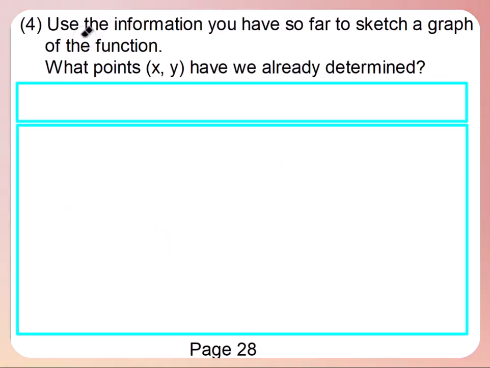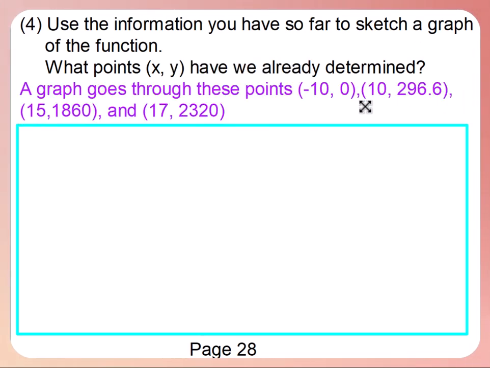All right, part number 4: use the information that you have so far to sketch a graph of the function. Let's think about what points we've already determined. We determined (-10, 0), (10, 296.6), (15, 1,860), and (17, 2,320).